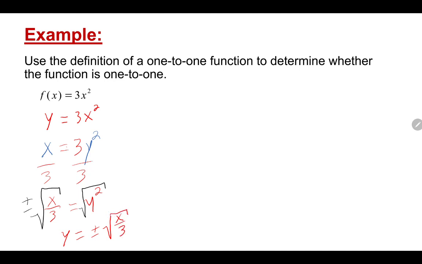And then the last step is replace the y with f inverse of x, equal to plus or minus the square root of x over 3. Here's the thing. For an input, I have to get only one output. I can't get plus or minus an output. That means this isn't a function.